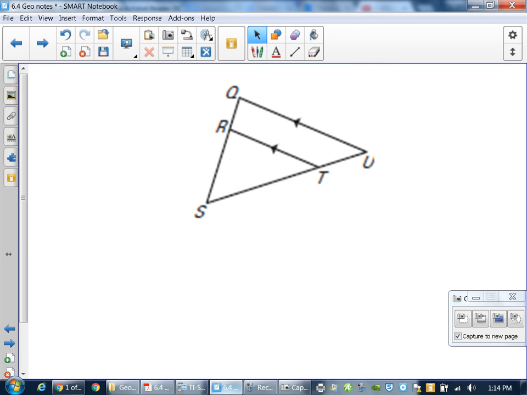If I want to come up with a similarity statement of these two triangles, you'll notice you've got those parallel lines. First of all, do you guys all see that there's two triangles? There's the SRT and the SQU.